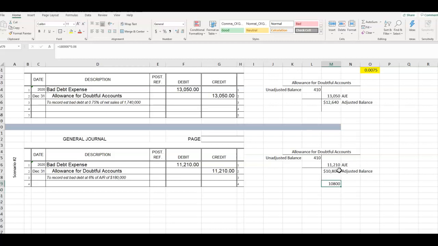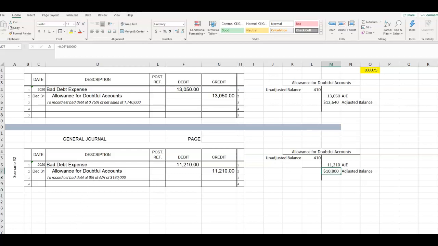So that gives me my adjusted balance. And I'm going to back in or figure out what my adjustment needs to be. So a $410 debit balance before the adjustment, I need to do a credit entry of $11,210 to make my adjusted balance equal what I have estimated as uncollectible.